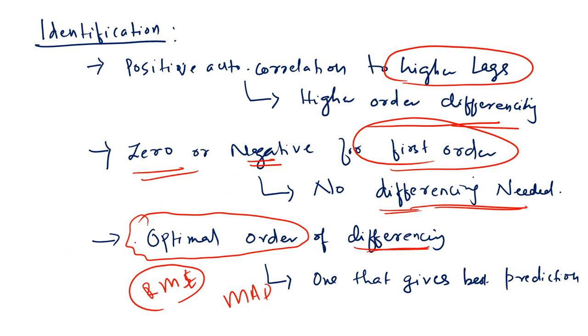When you take the sum or average of that, the one which provides the minimum error is the best model. That's how most predictive models are judged. So the order of differencing that provides the best prediction should be the optimal order.